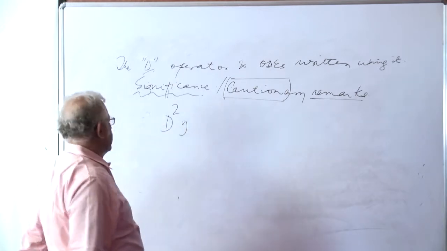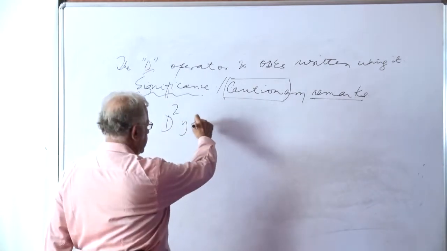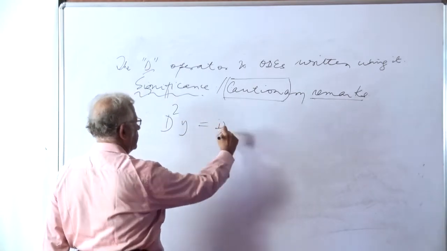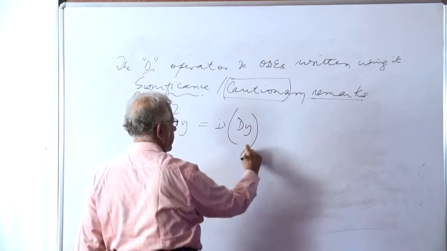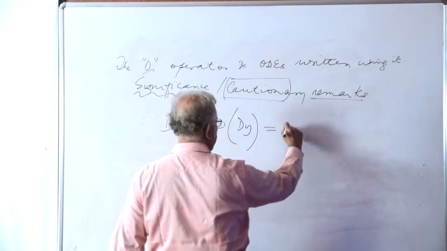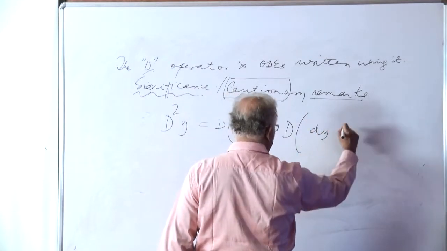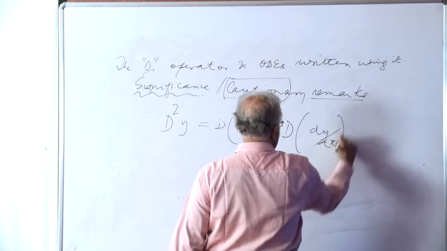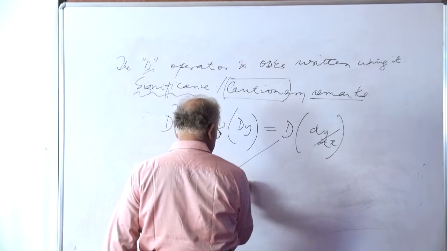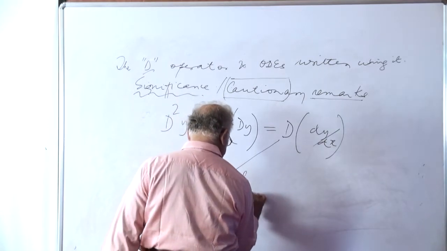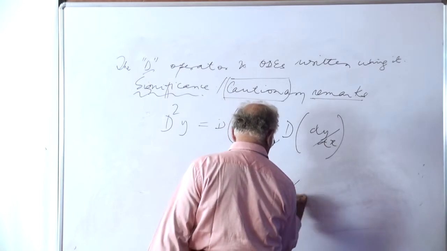Although we might say loosely D square y, actually it is D2y, and that means D operating on Dy. In other words, this is the operator D operating on Dy, which is the d/dx operator operating on dy/dx.